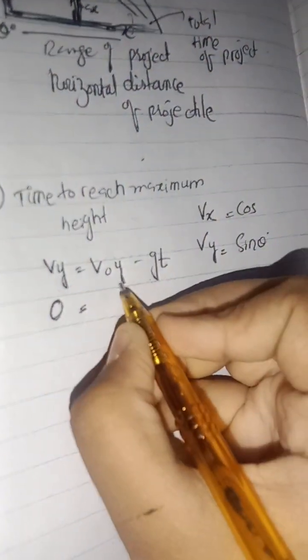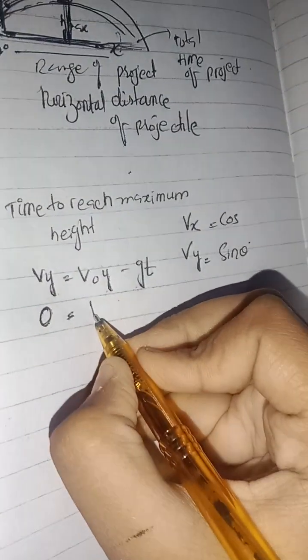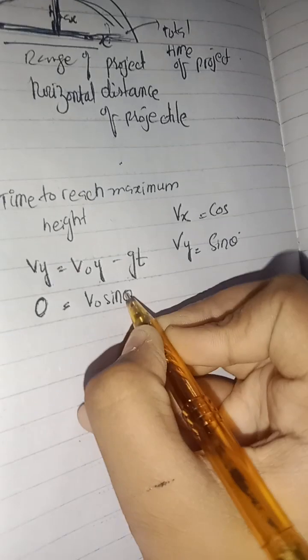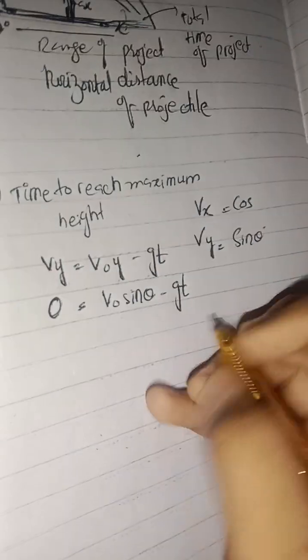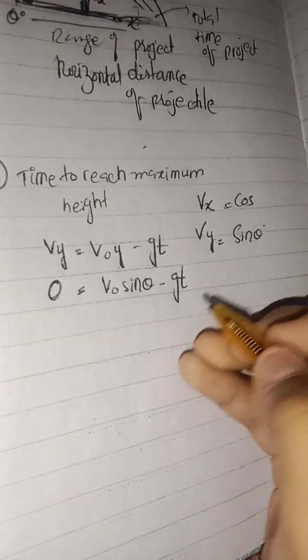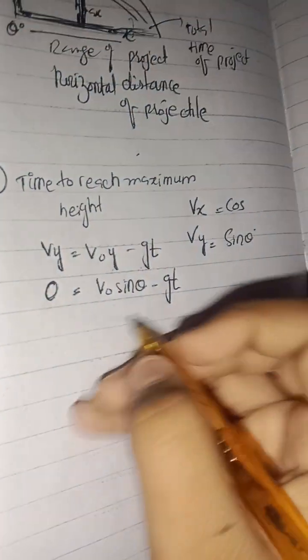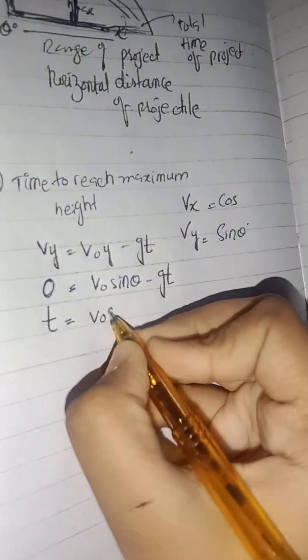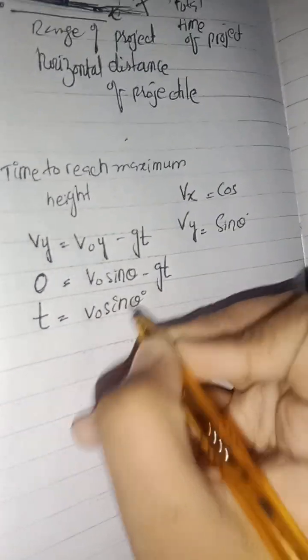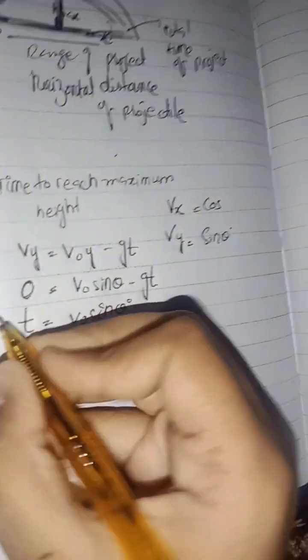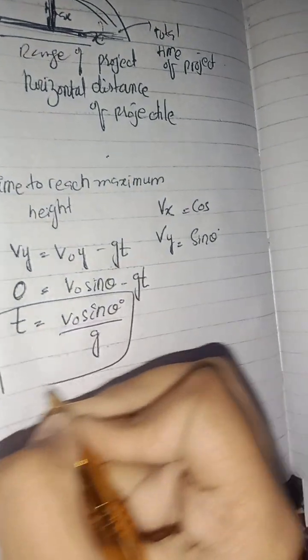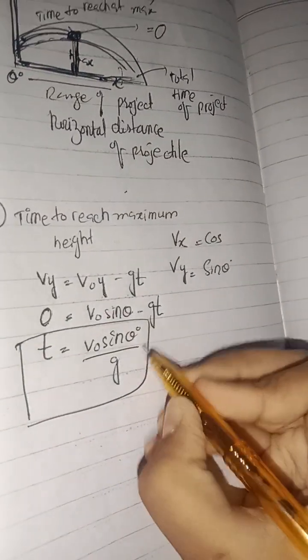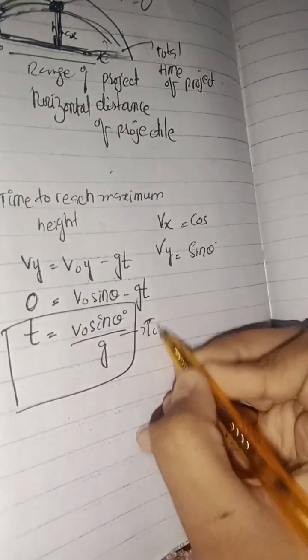So V naught y is V naught sine theta, minus gt. Now we have to find t, so t is equal to V naught sine theta upon g. It is the formula of the time to reach the maximum height of the projectile.